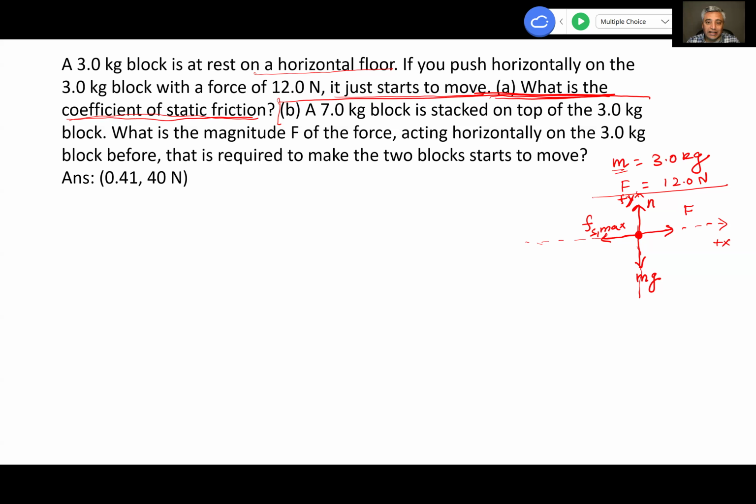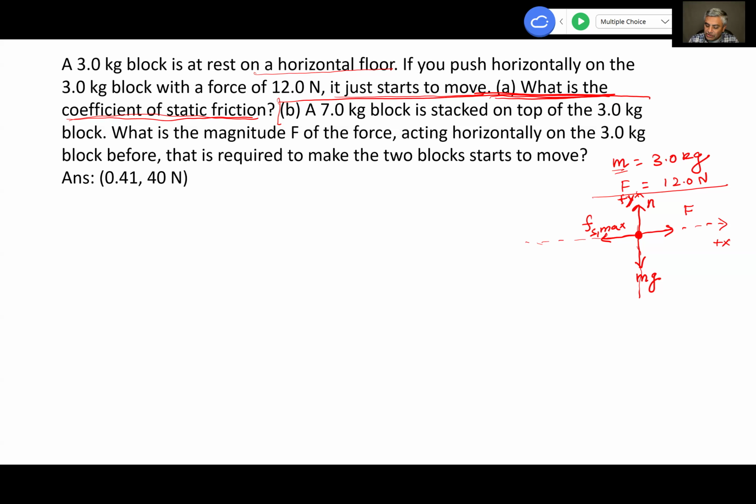Ideally, that's what we like to see. But sometimes there may be a force, one or two, that's not acting along either the x or y of our choice. In that case, what do we do? We need to find the component of that force in the x and y direction.